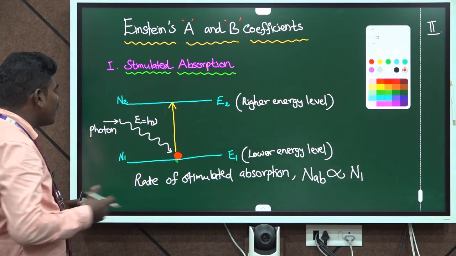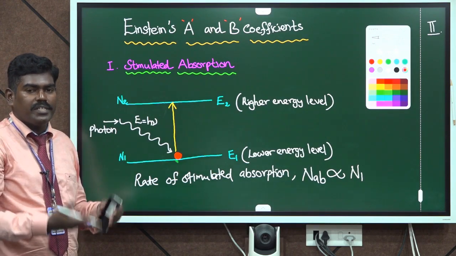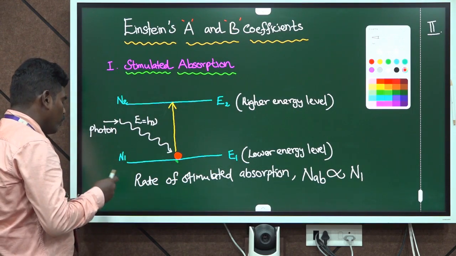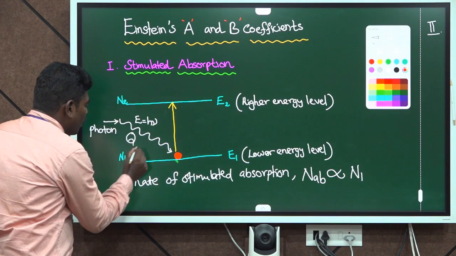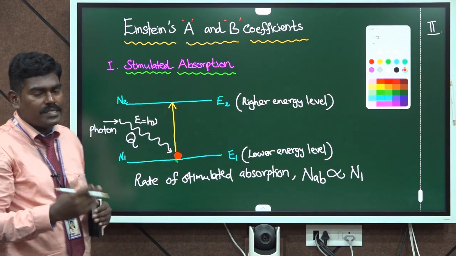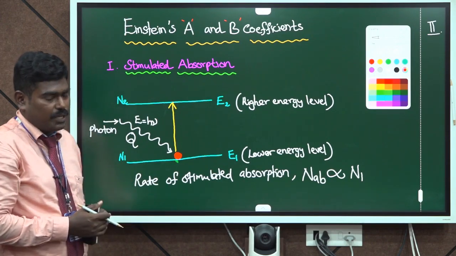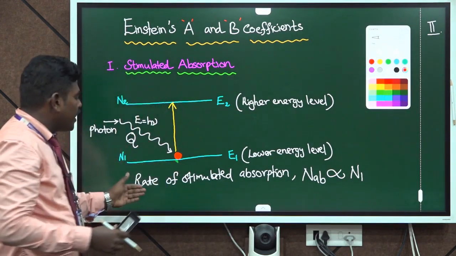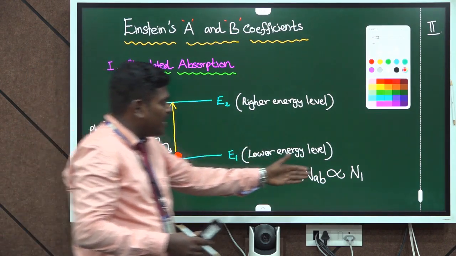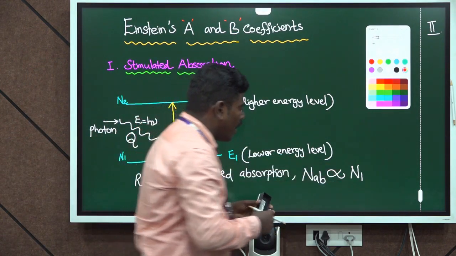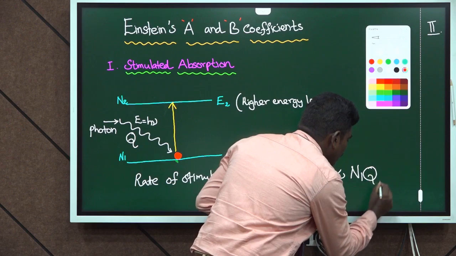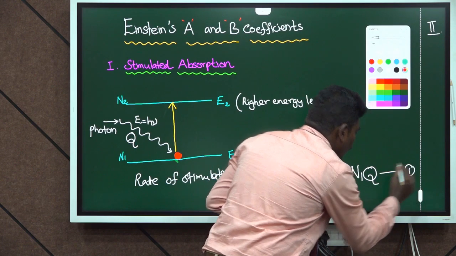The number of photons per unit volume per unit time is Q. Q is nothing but the energy density. The rate of stimulated absorption NAB is proportional to N1 and Q. So this is equation number 1.